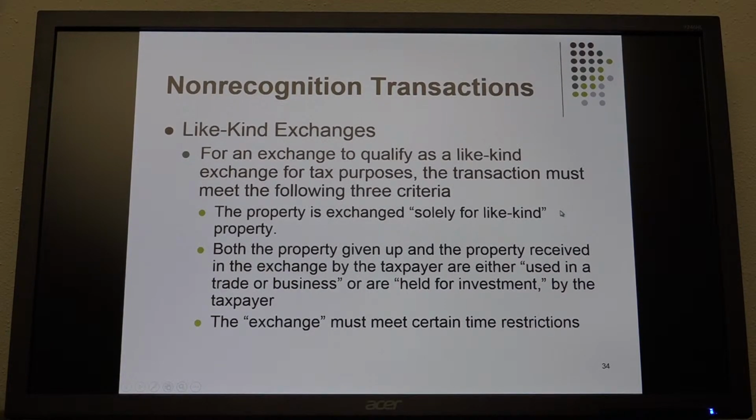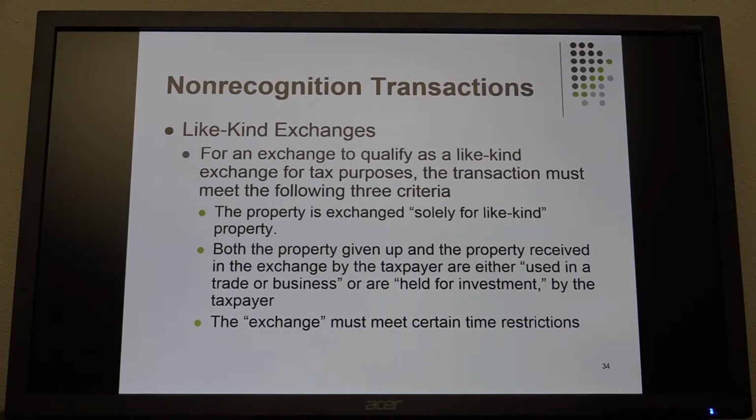The only other thing I want to talk about here in this chapter is like-kind exchanges, or non-recognition transactions, of which the most common is like-kind exchanges. Let's say you have a piece of real property.